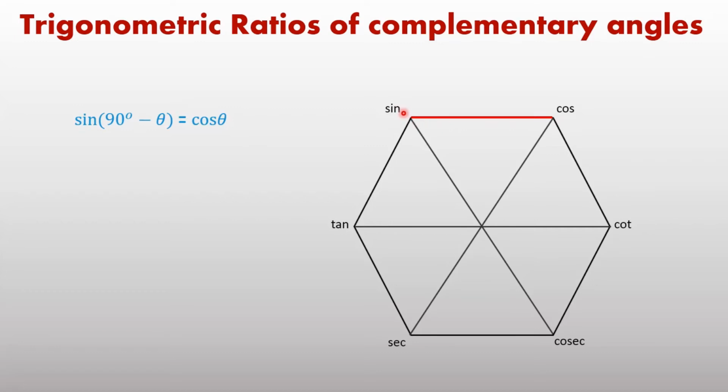If the angle for sine you are writing as 90 minus theta, it is equal to cos theta. And for cos we are writing 90 minus theta here. For writing cos 90 minus theta, on the RHS you will get sine theta. Therefore, sine 90 minus theta equal to cos theta, or cos 90 minus theta equal to sine theta.